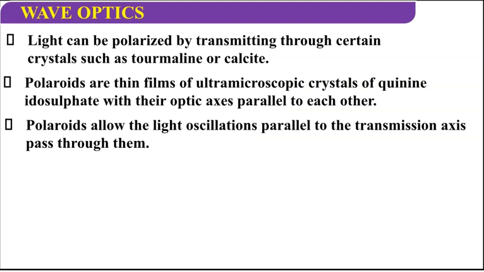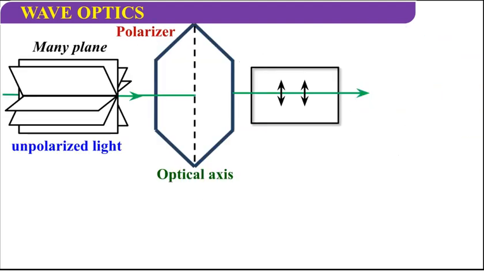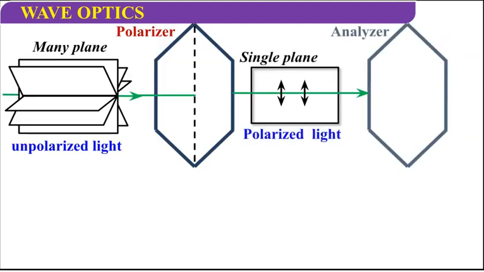So in the earlier figure, we saw this is the analyzer and this is the polarizer. The unpolarized light passes through the polarizer, and we analyze the nature of that polarized light with the analyzer.